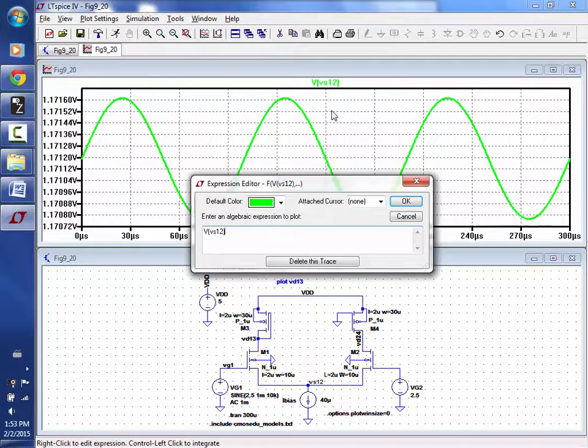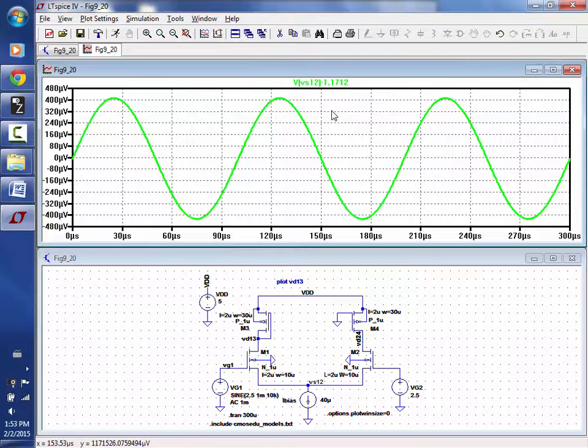Yep, subtract 1.17 minus 1.1712. Yep, that's pretty close. And that's, again, not all the way to half millivolt because of the body transconductance.